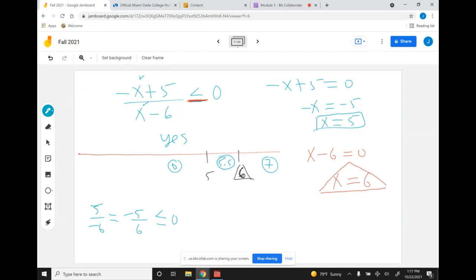We only care about the sign. Any number that has a negative sign is less than 0. Done. Let's do 7. When x is 7, I'm going to end up with -7 plus 5 over 7 minus 6. So this will be -1 over 1. Again, a negative number. Is a negative number less than 0? Yes.